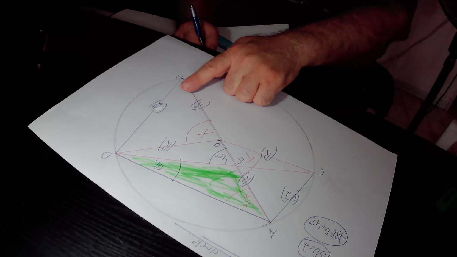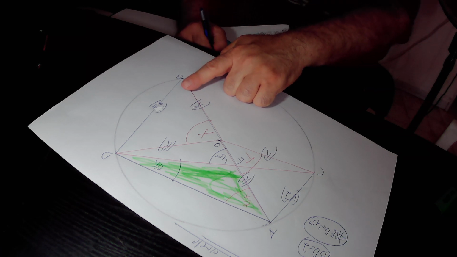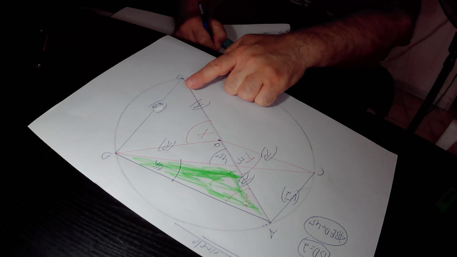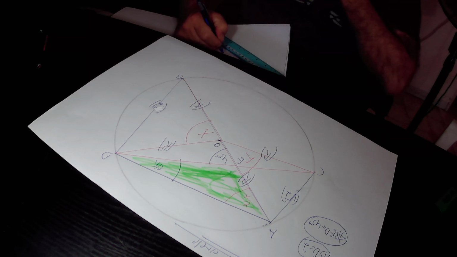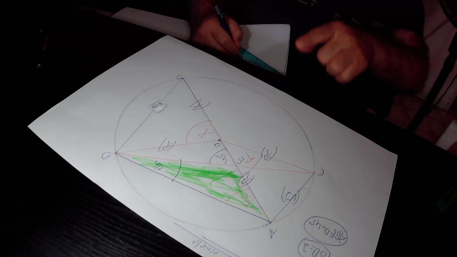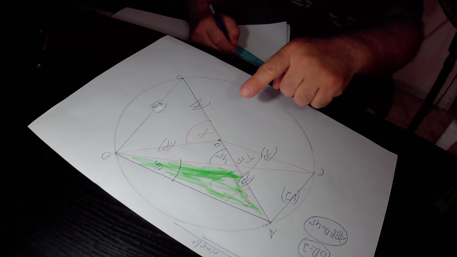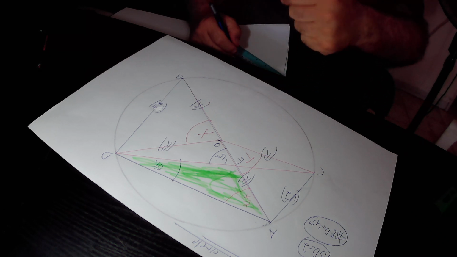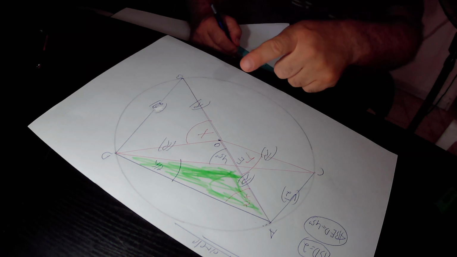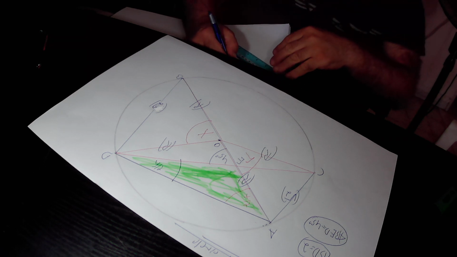Side DB equals 2 units in its length, according to what is given in the question. Side OB equals R, and side OD also equals R. They are both the radii of the circle.